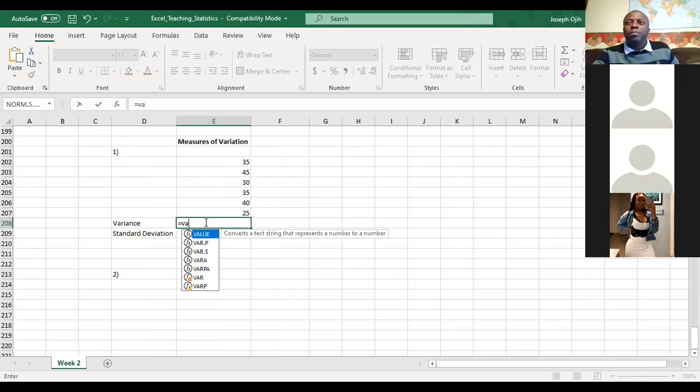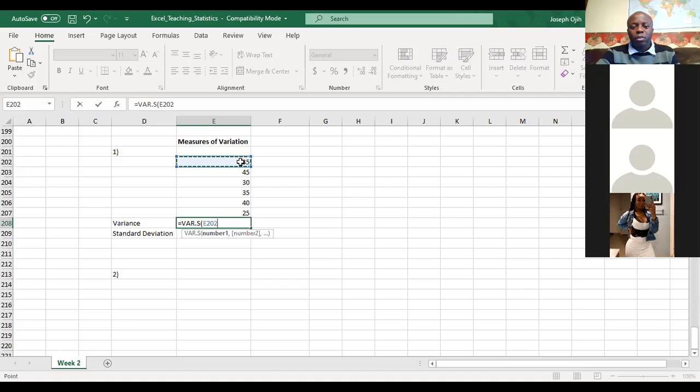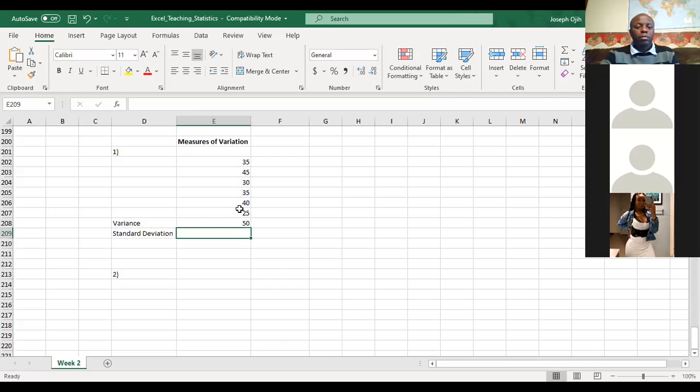Because you are dealing with a sample, use VAR.S. Double click on that, highlight all the numbers, close the parenthesis, and press the enter key. That will give you the variance right away. You can see that we got the same 50.